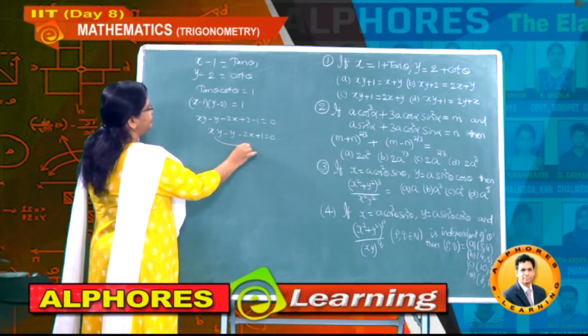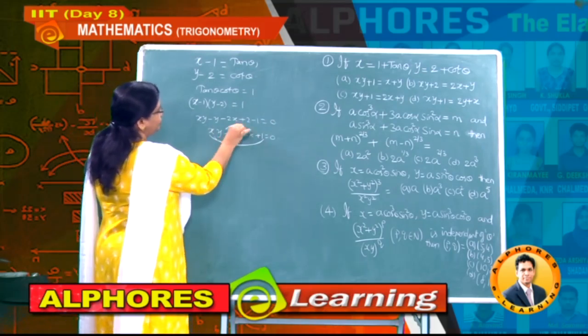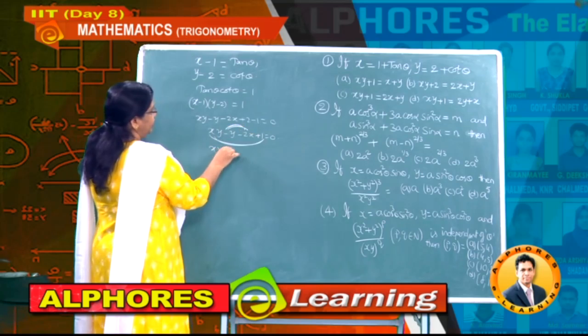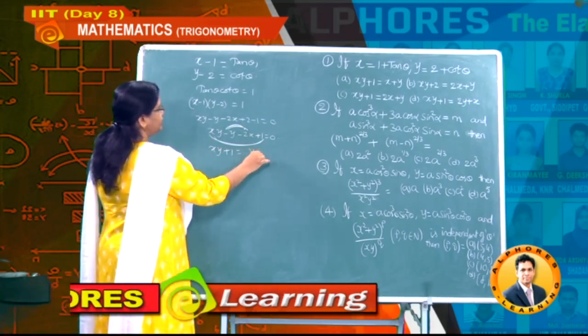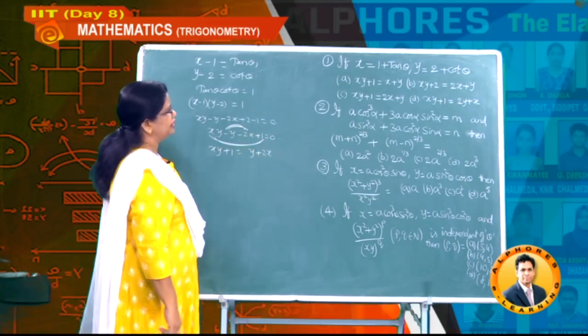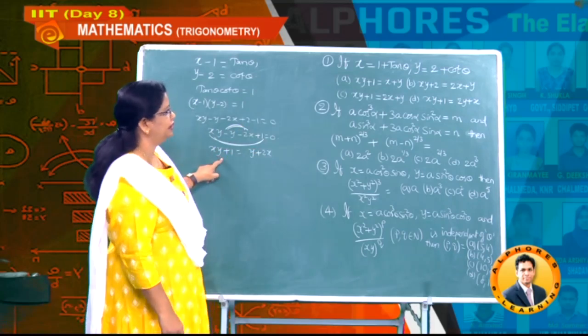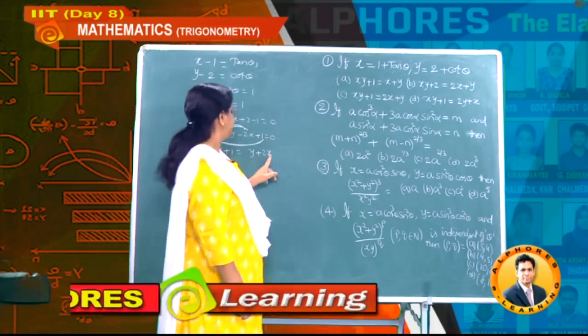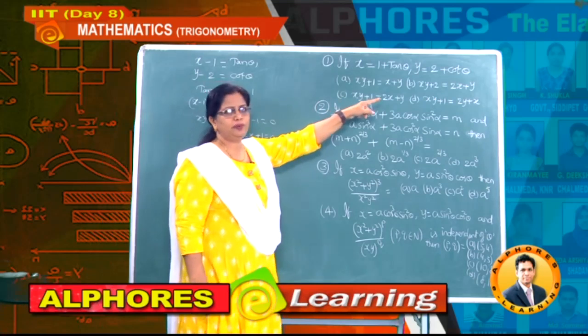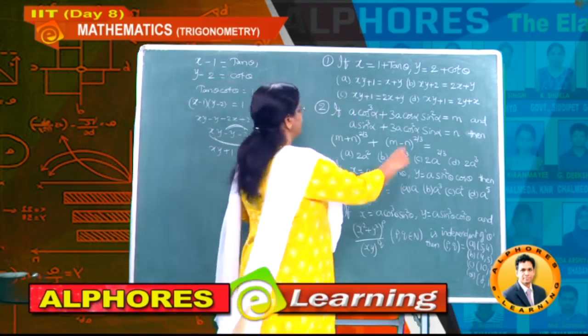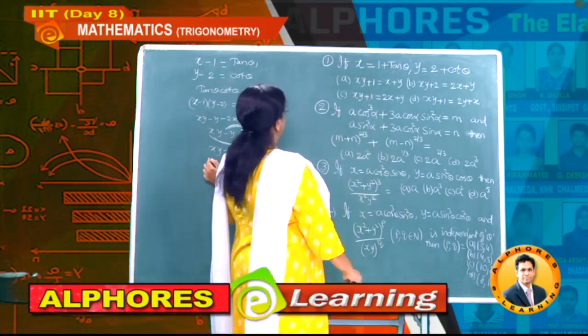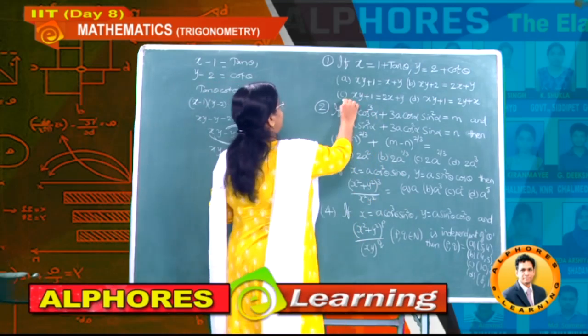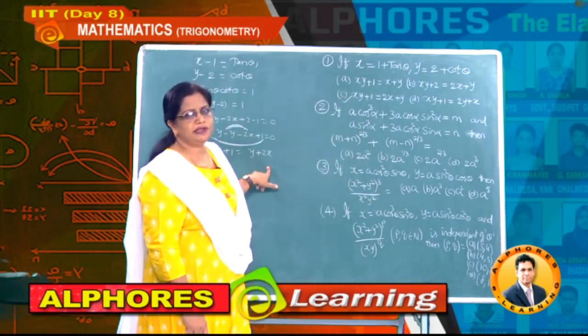Keep these two values on one side and the minus values on the other side: xy plus 1 is y plus 2x. So students understand which answer is right, xy plus 1 is y plus 2x. So option C is the right option.